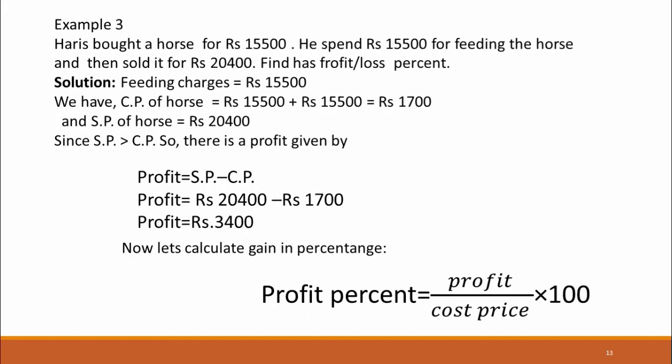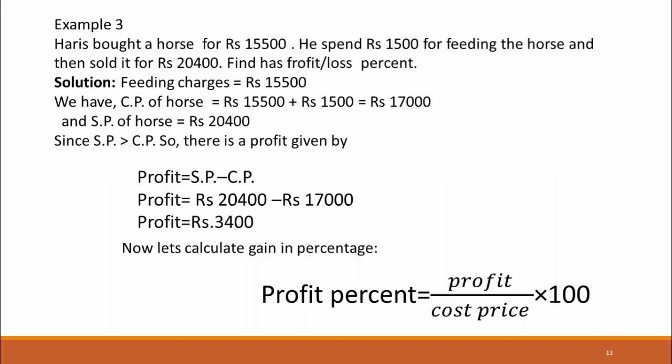We have the cost price for the horse is 15,500. Find his profit or loss percent. First of all, to determine whether Haris gained profit or loss, then we will find the percent of the profit or the percent of the loss.